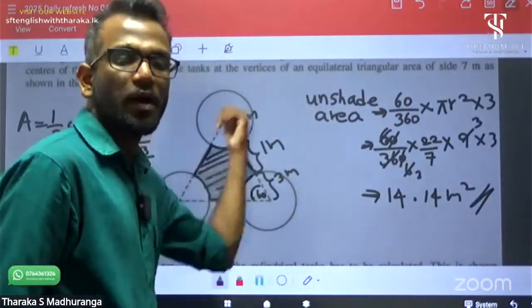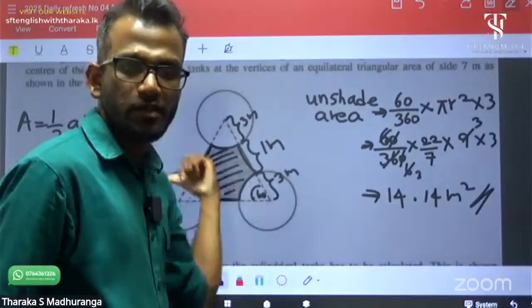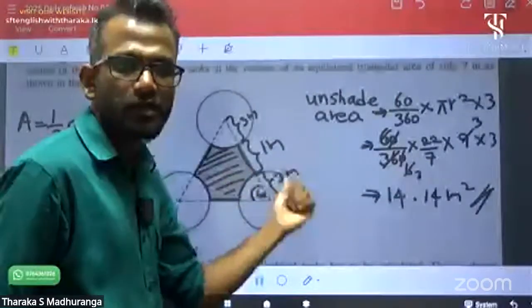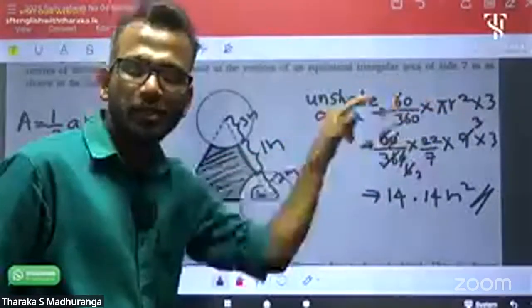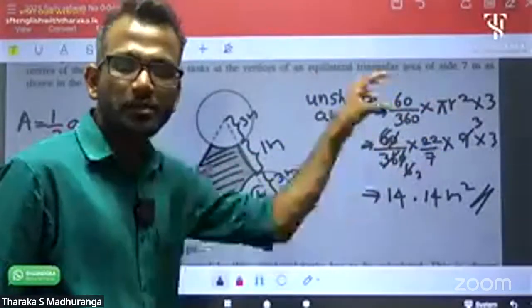This is the full area of the 3 sector parts: the unshaded area of 1 sector part multiplied by 3.